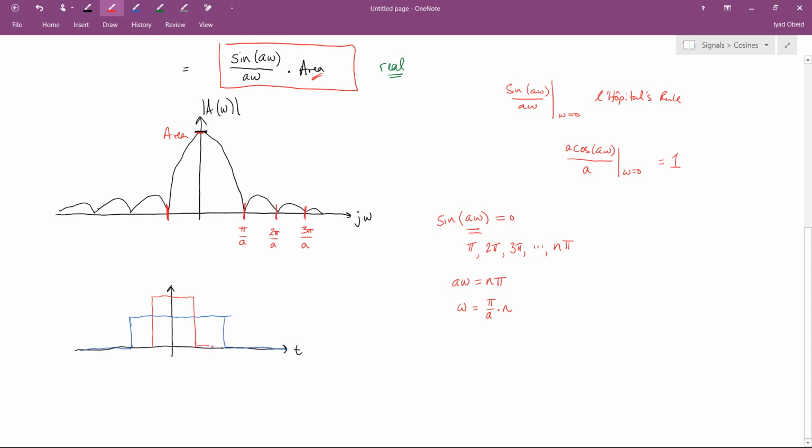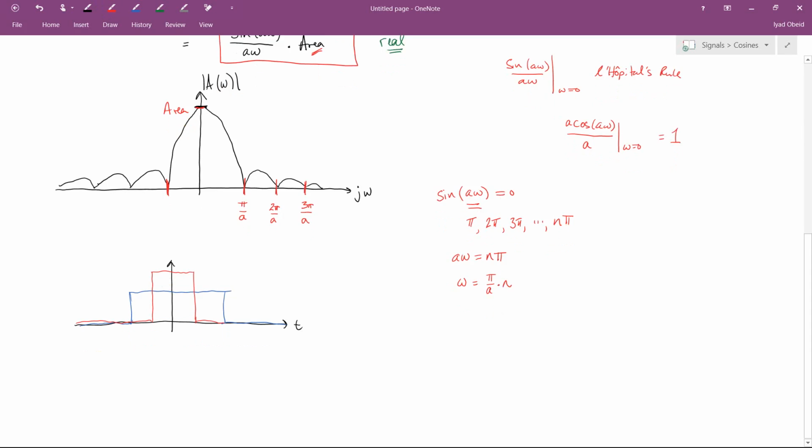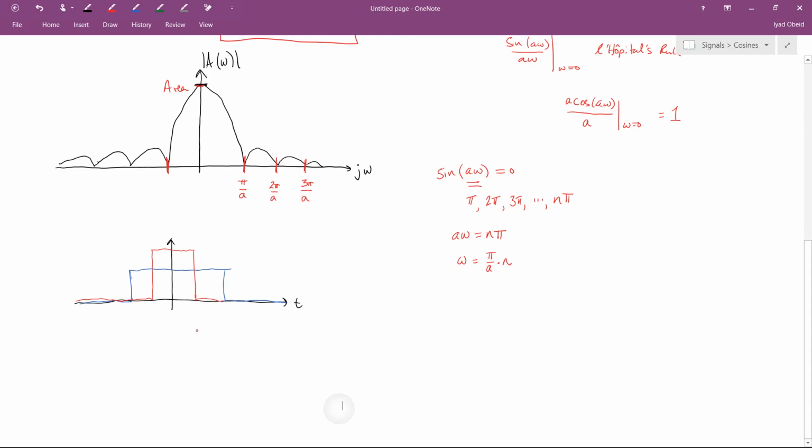You can see that one is taller but skinnier than the other. And the reason I've made one skinnier and taller, we're going to say that the areas are the same. So the areas are the same, but what's different is the value of A. We can tell that the red A is smaller than the blue A.